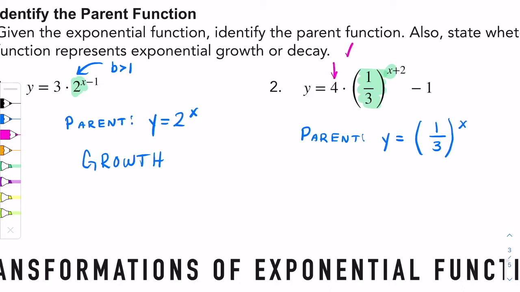Yes, it is. And B right here is between 0 and 1. When B is between 0 and 1, that indicates that you will be graphing decay. You have all of these other transformations. So you have a transformation in this example that's a vertical stretch. You also have a shift to the left 2 units, and you have a shift down 1 unit. So we'll talk about those once we get to the graphing.